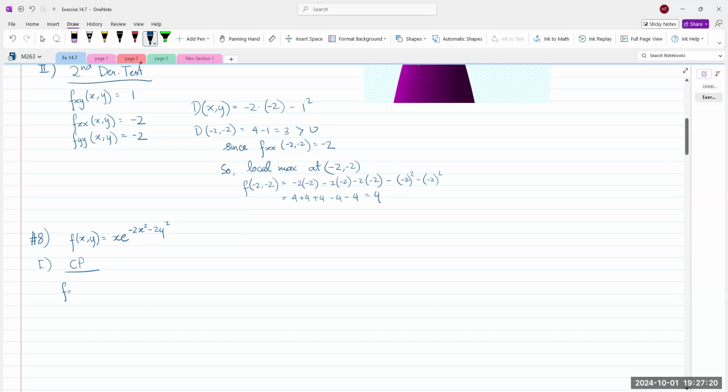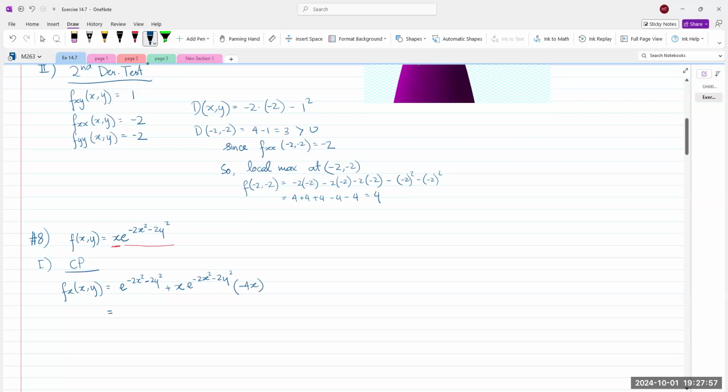We take the partial with respect to x. Notice I will use the product rule. This is the first factor, this is the second factor. The product rule gives 1 times e to the -2x squared minus 2y squared, plus x times the derivative of e to the blah, which is e to the blah times the derivative of blah, which is -4x.